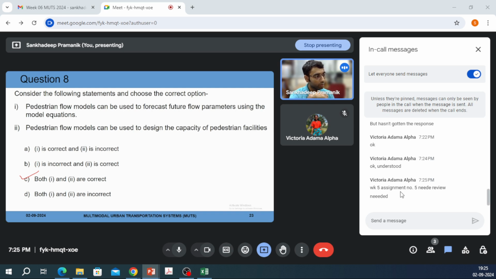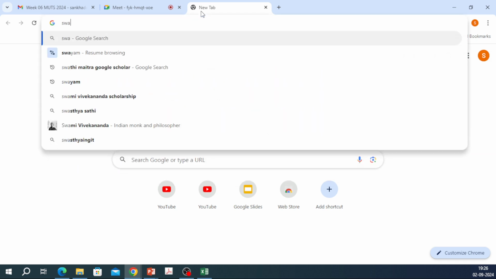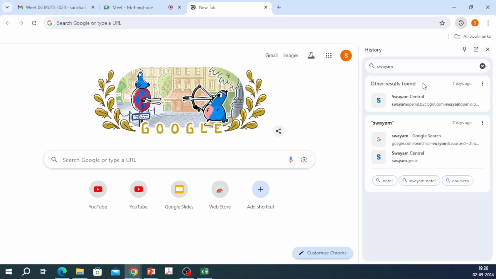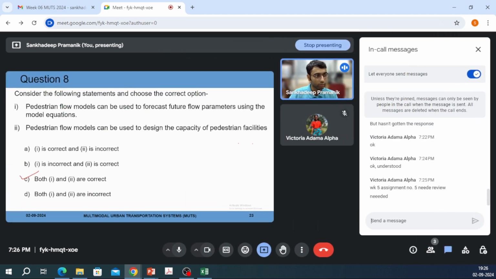Week 5 assignment. Okay, this one I will also check, week 5 assignment.